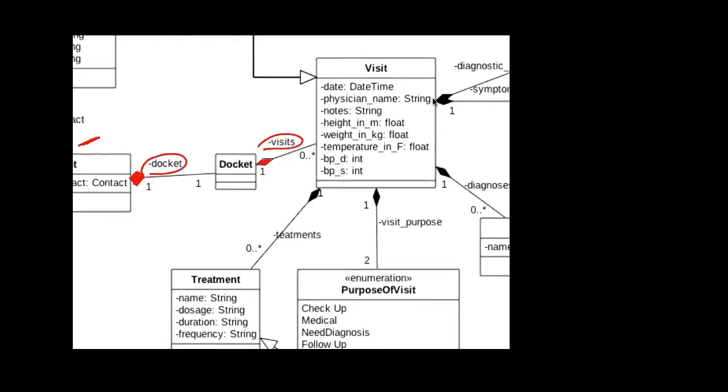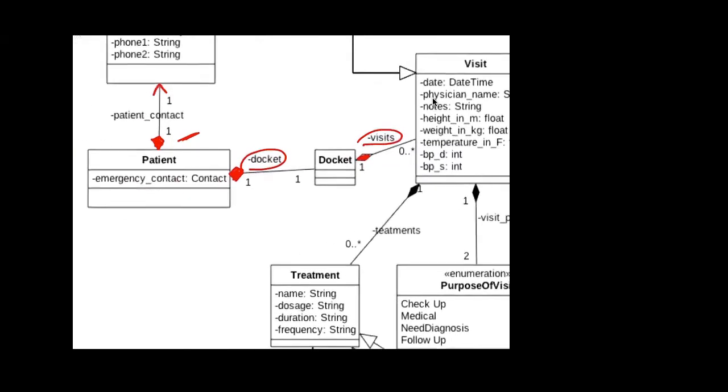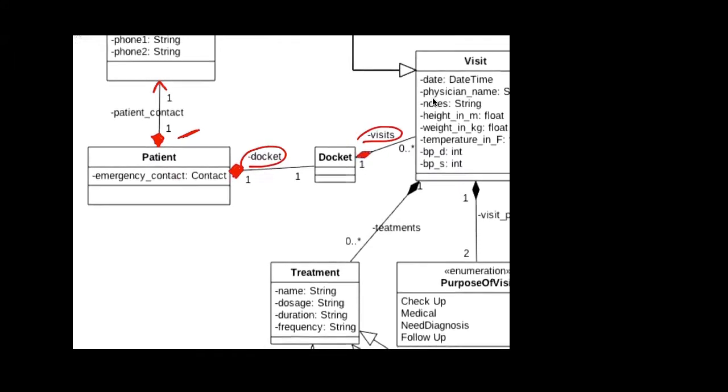Right, so visits is actually an attribute inside of dockets. It's an attribute, and we usually want those to be private. We don't want to expose how it's implemented and all the details of it. Likewise, the same for dockets inside of patients. We want to restrict how other classes can access them.